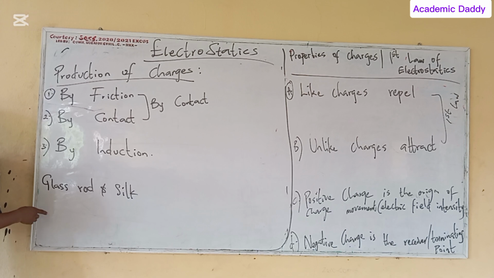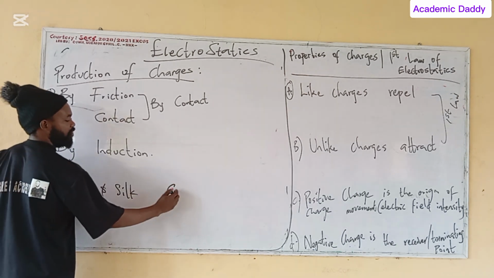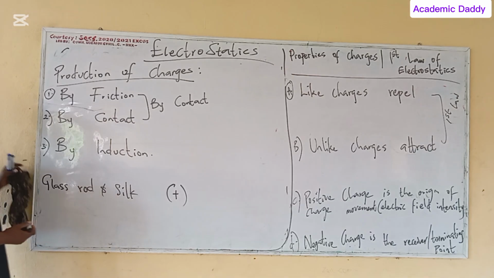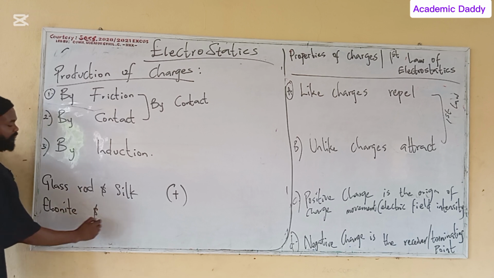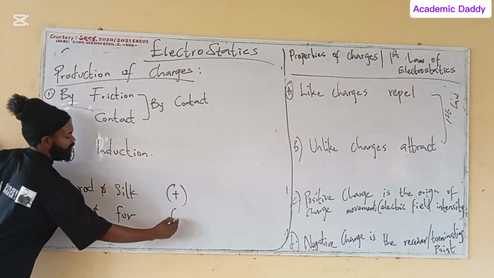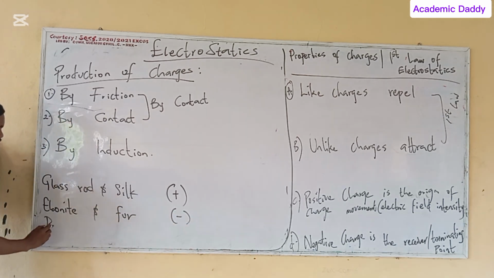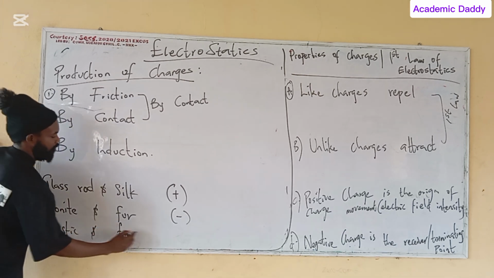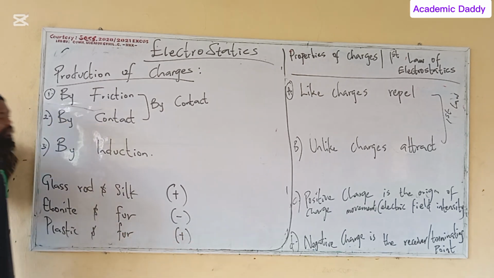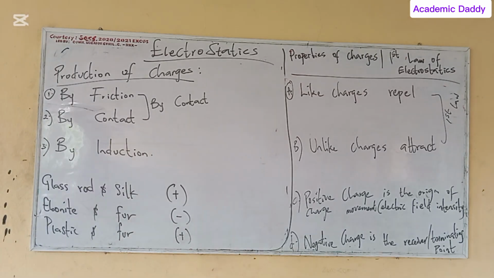The type of charge it produces is classified under positive charge, and that of ebonite and fur is classified as negative. Now plastic and fur is classified as positive. So you need to know this for the sake of your objective.